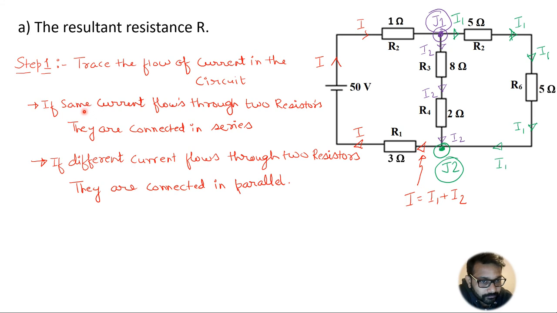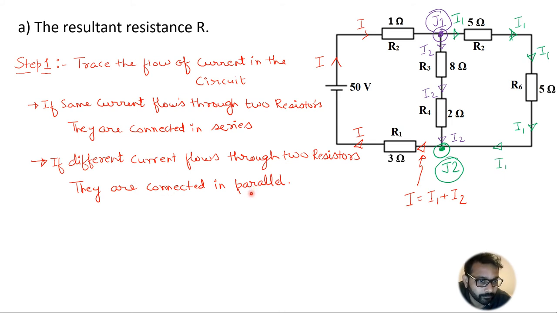Now after tracing the flow of current in the circuit, I need to remember two things. The first thing is, if the same current is flowing through two or more resistances, then they are connected in series. And if different currents are flowing through two or more resistances, they are connected in parallel.